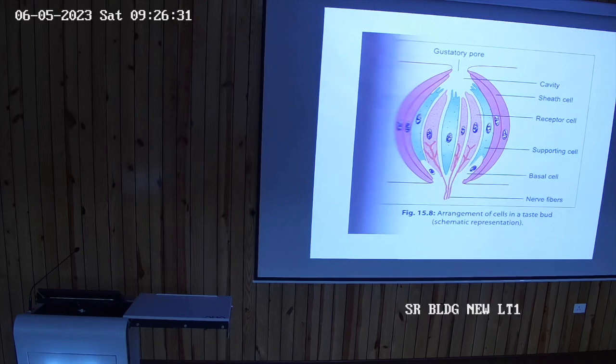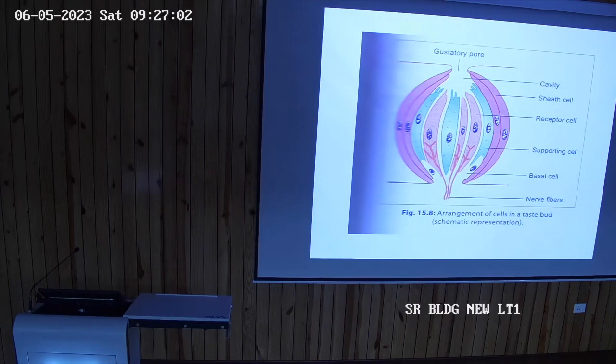So one end of the cell opens here in this cavity, that is the taste pore, and the other end is downward. At the other end of the cells, the nerve fibers are attached.